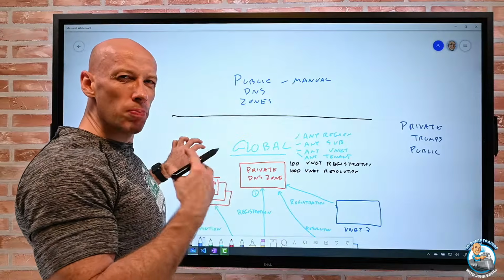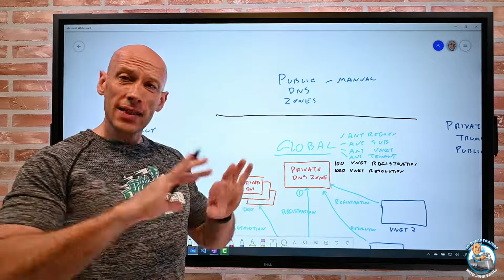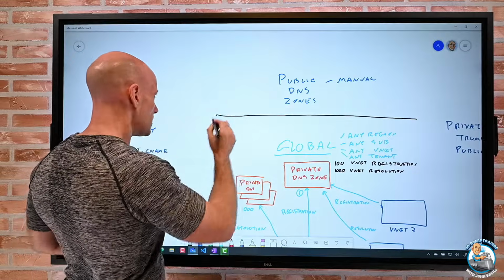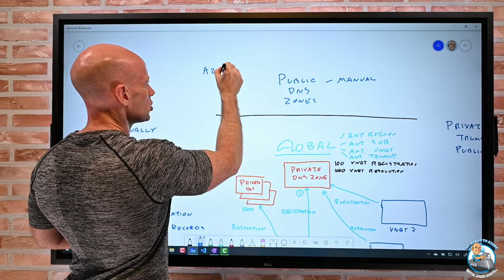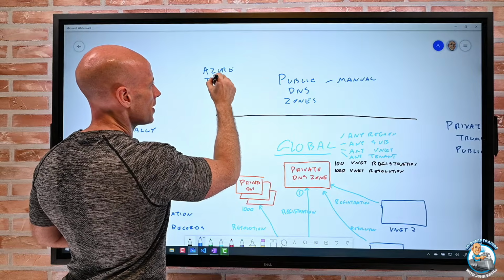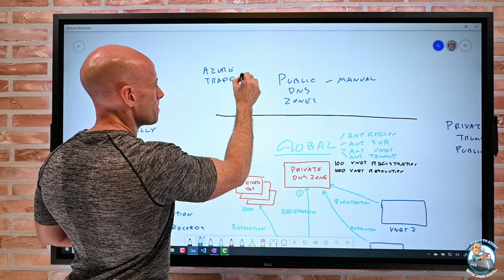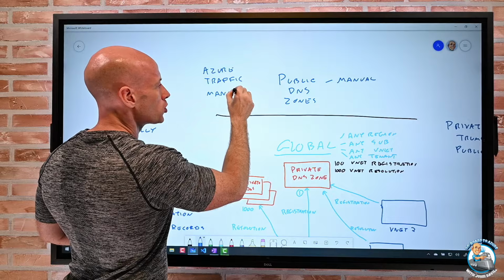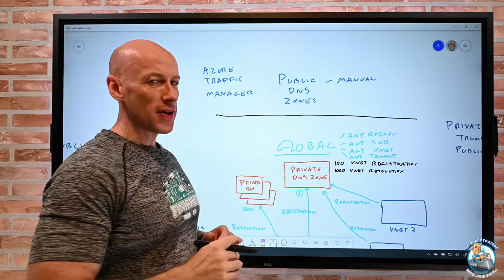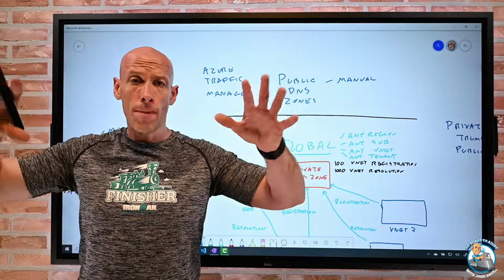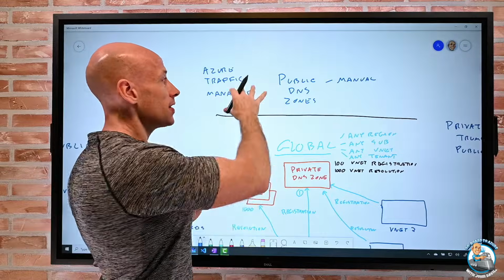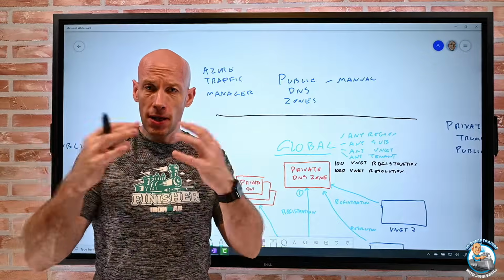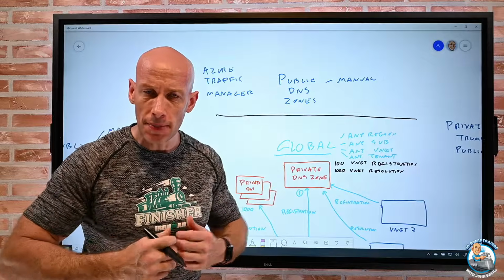Something I should also point out is, as a completely separate service, of course, there is Azure Traffic Manager. And I talked about this in other videos, but think of Azure Traffic Manager as kind of a global balancer. I can have this name in the Traffic Manager namespace that I could alias to in a validity domain.